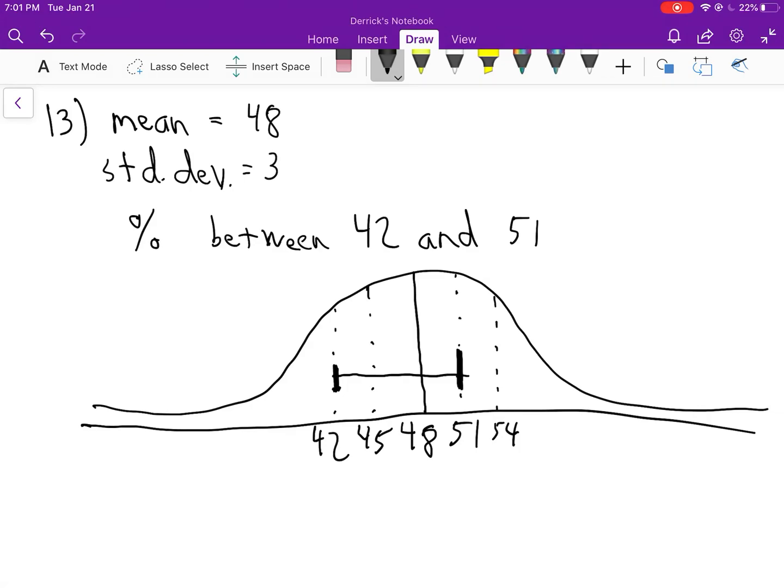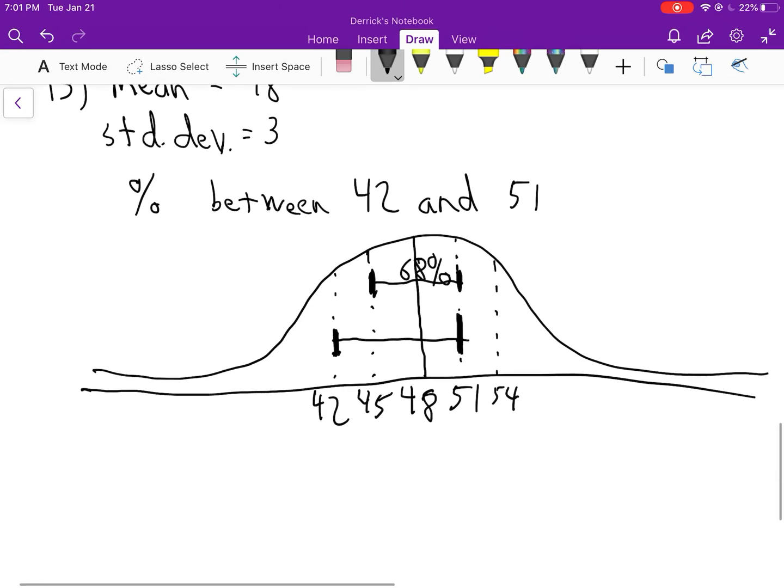Just like with 12, I would start off by pointing out that the percent from 45 to 51 is 68%, because as the empirical rule says, everything within 1 standard deviation is 68% of the data. So I know that 68% is going to be part of my answer.